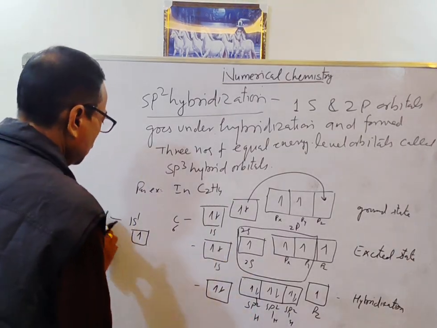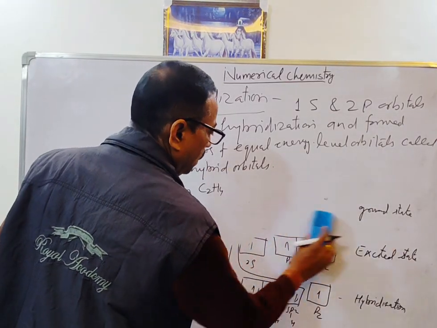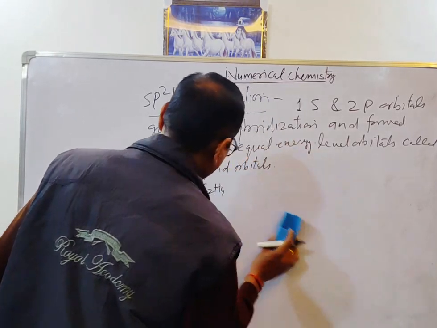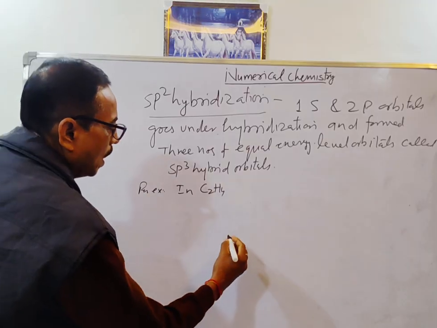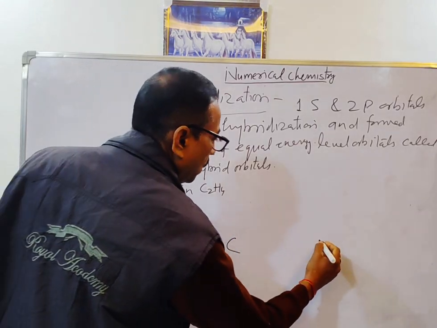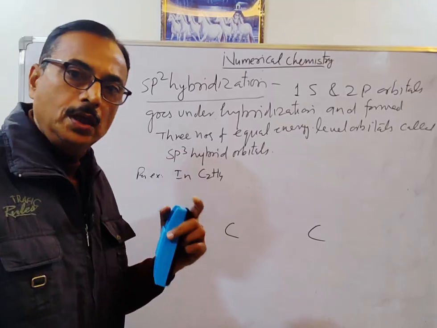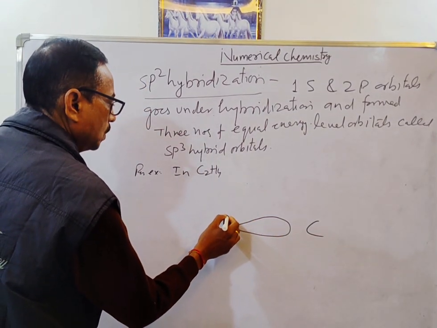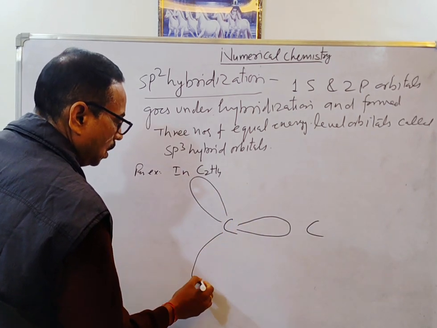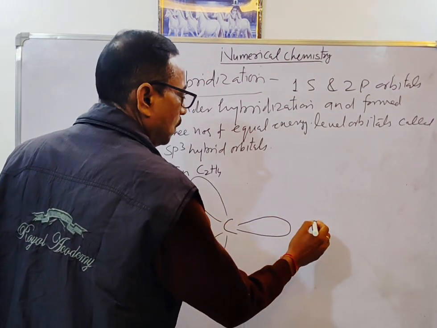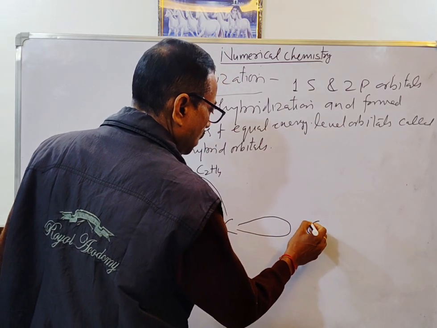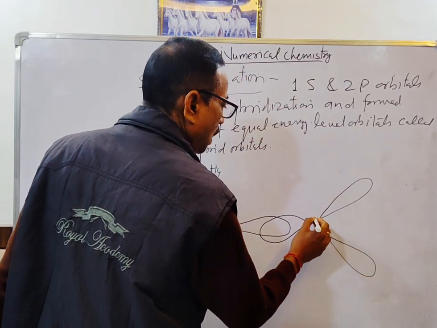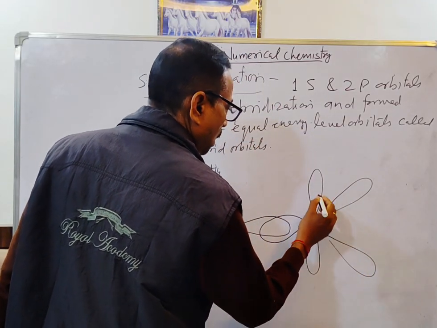So we will see the structure of C2H4 if we sketch it in the form of orbitals. Carbon, as you have seen, has 3 sp2 hybrid orbitals: one this, second this, third this. This carbon has 3 sp2 hybrid orbitals, and one pz is an unhybrid orbital.